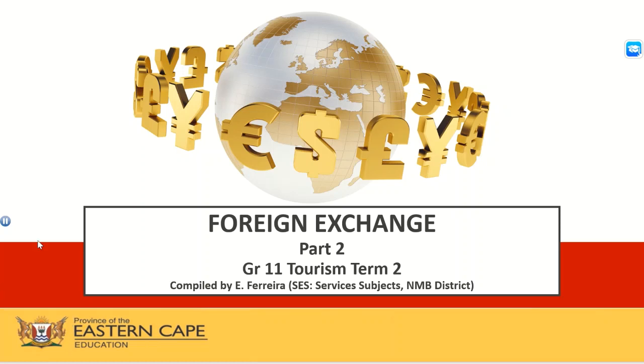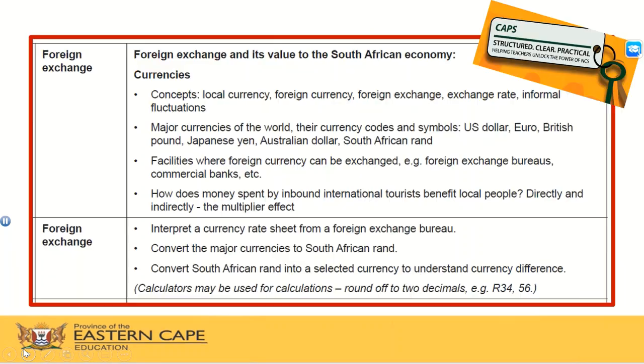Today we will be doing our second lesson based on foreign exchange, and if I could just show you an excerpt from your curriculum on the screen. In the previous lesson, we looked at different concepts, local currency and foreign currency, also foreign exchange and exchange rate, and we also took a look at fluctuations.